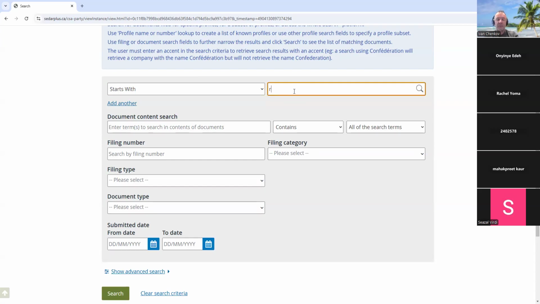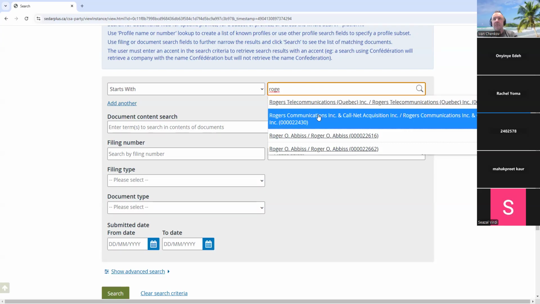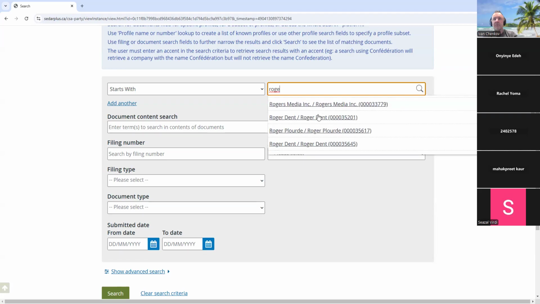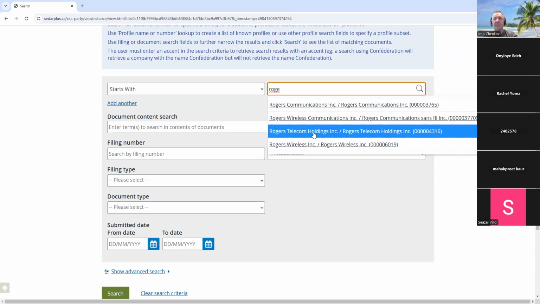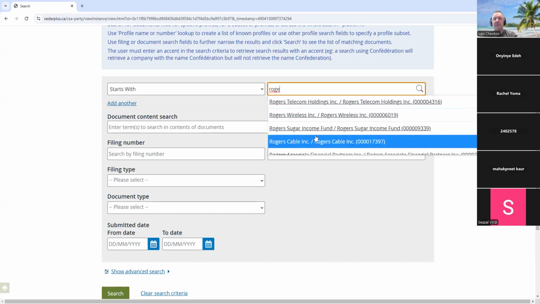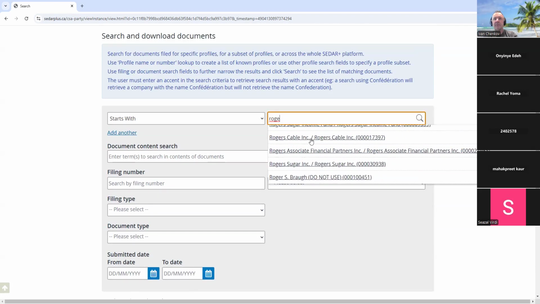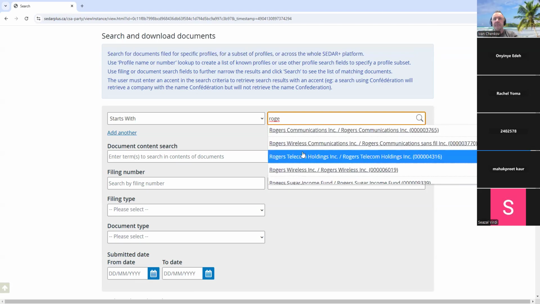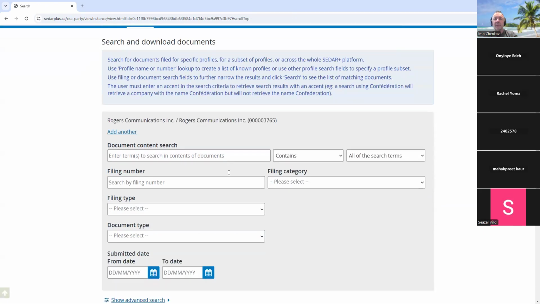I had the same problem in the morning trying to find the right company so you can actually see the reports and everything. It should be this one, but I don't know why. Let's try again with this one.